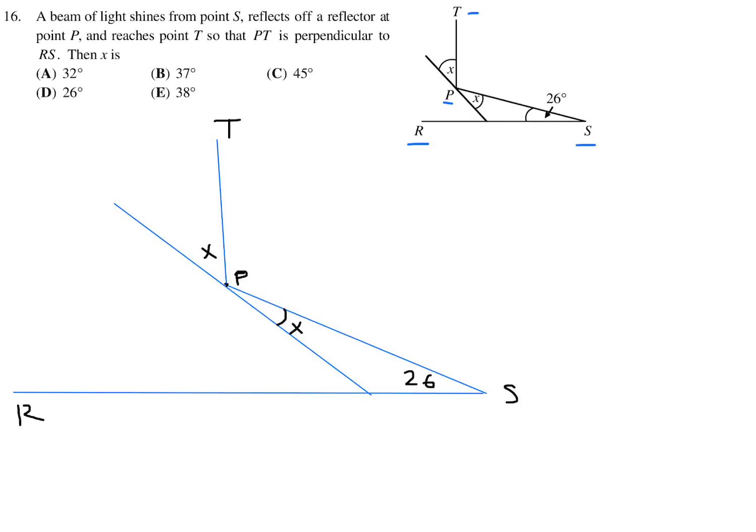The trick to this question is drop a perpendicular down like that, from T continuing down to the base, RS. And then this becomes a right angle. Now, what's this angle in here? Well, that's also X. And the reason that is X is because it's a vertically opposite angle.